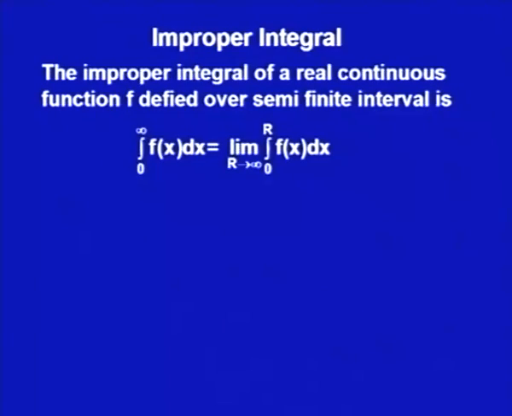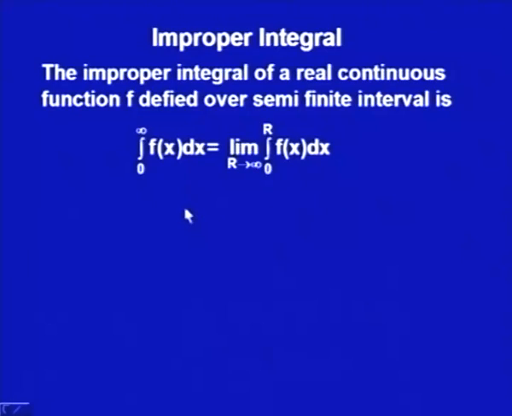So, if this limit exists as r approaches infinity, we say that this improper integral from 0 to infinity of f(x) dx is converging, and the value of this integral is the value of the limit on the right side.